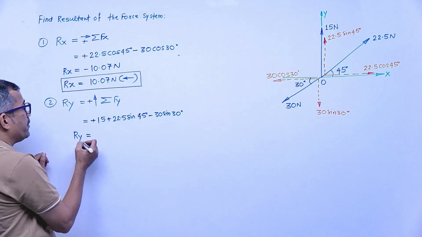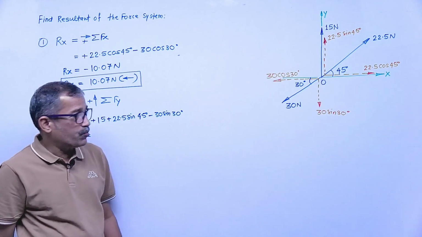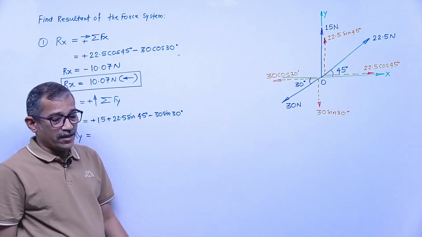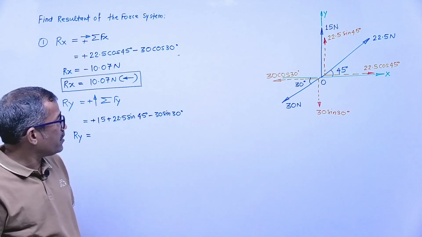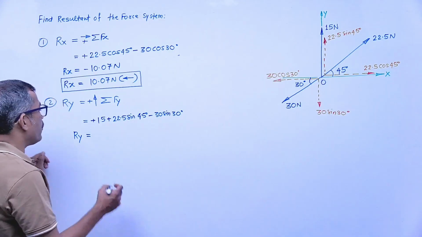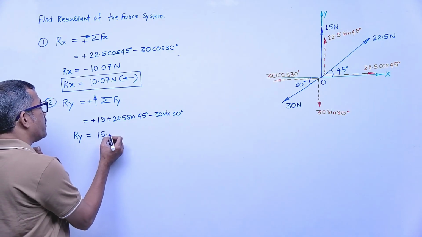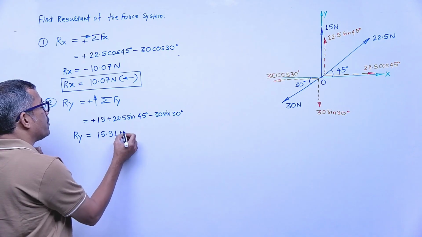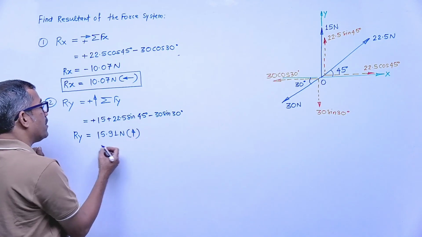Calculate Ry. Will the answer be positive or negative? Positive, 15.91 Newton. Ry is upward.